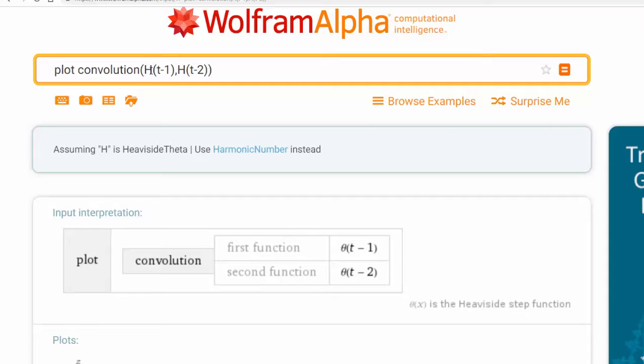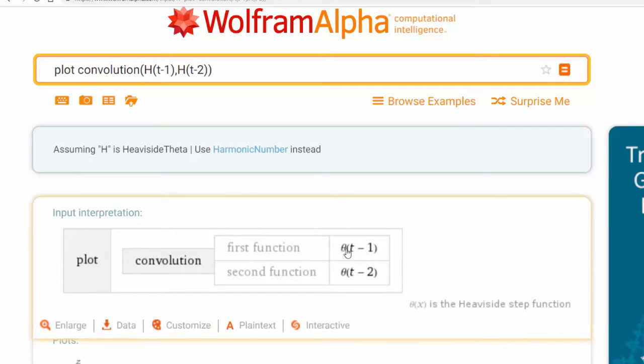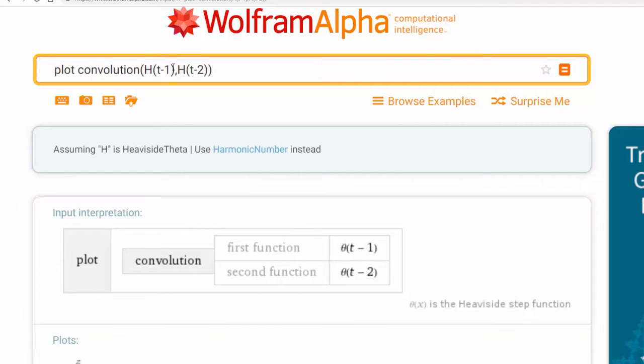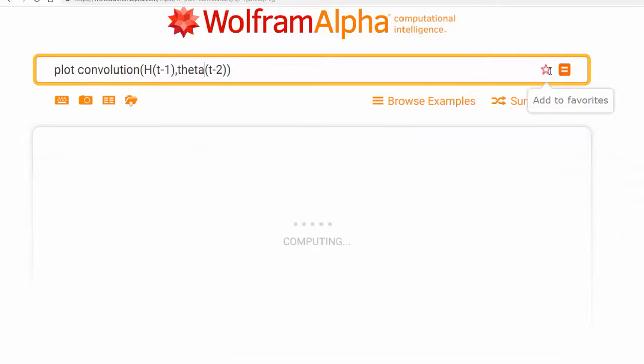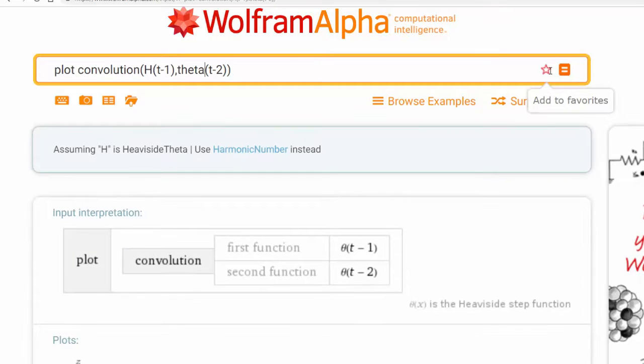First is a capital H to represent the Heaviside function, but it usually converts it into a theta, which is kind of odd. But if you wanted, you could replace the capital H with a lowercase theta, and it would hopefully recognize that as another Heaviside function.